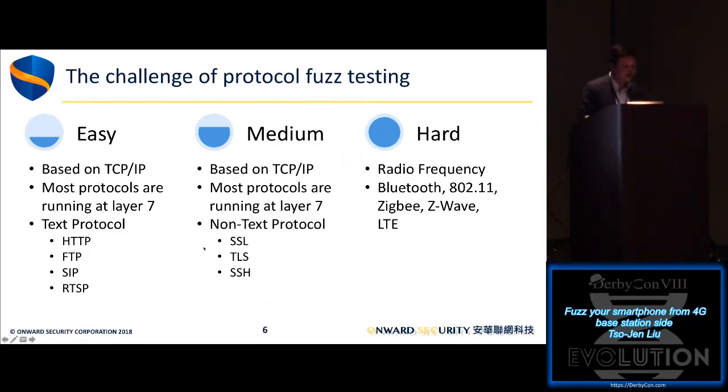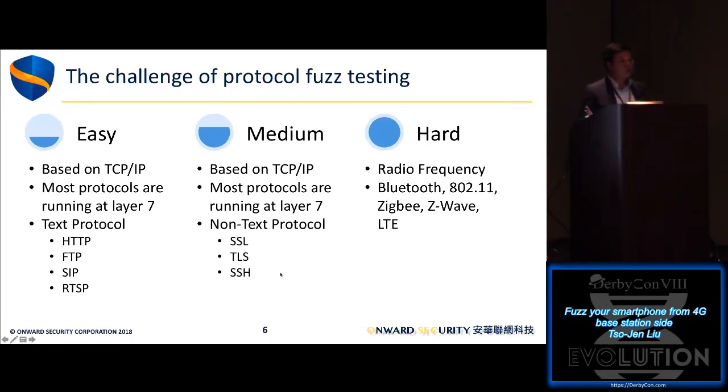For protocols like SSL, TLS, and SSH, it is a little bit harder to build the fuzzer because these are non-text protocols. So you have to do some work to read the RFC and spec to know how the protocol works and its protocol structure.